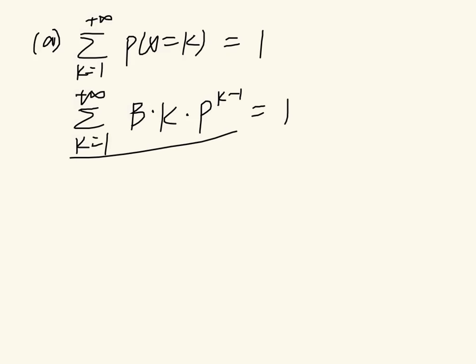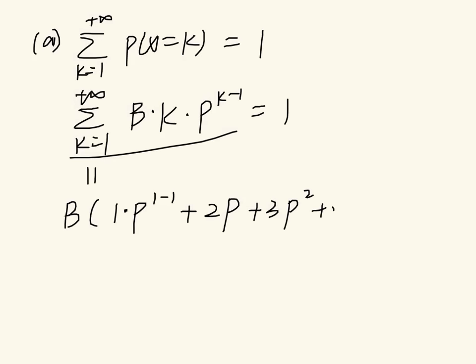This term is equal to b times 1 times p to the power 1 minus 1, plus 2p, plus 3 times p squared, plus dot dot dot, equal to 1.